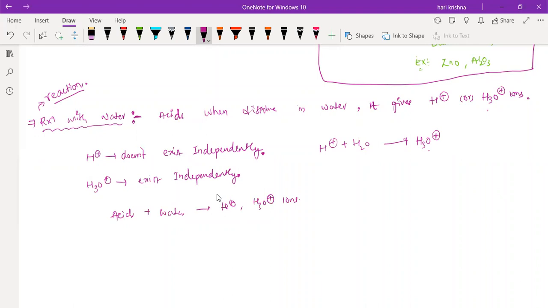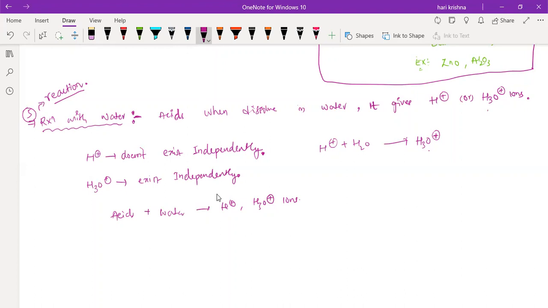So these are the 5 chemical properties of an acid. All the 5 are important. When acid reacts with the metals, it always gives salt and hydrogen gas. When acid reacts with the metal carbonates or metal bicarbonates, it will always produce salt, CO2 and H2O.